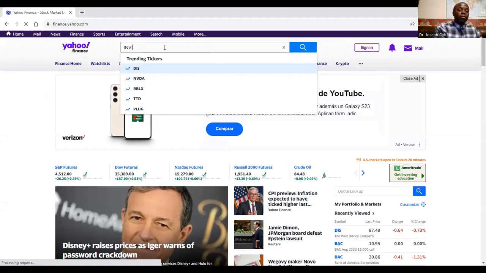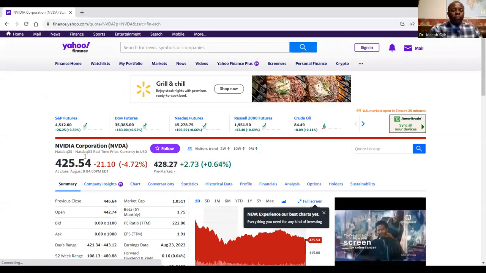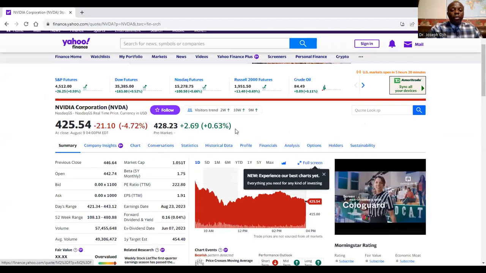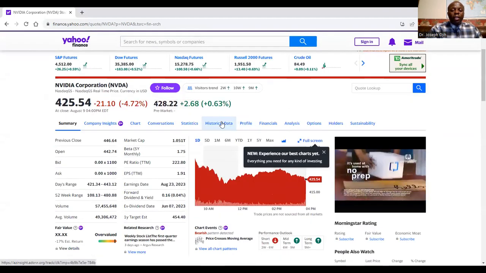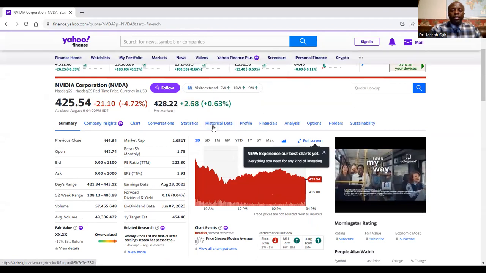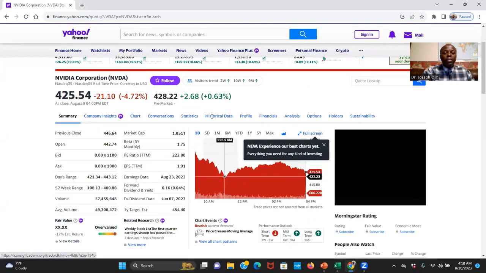Nvidia is a tech company. See the stock at $425 per share. You can click on the historical data. That will give you the weekly or daily prices, and from there you can calculate the return on the stock.